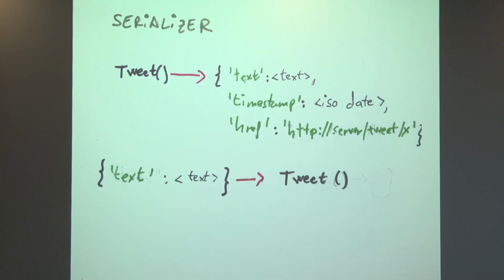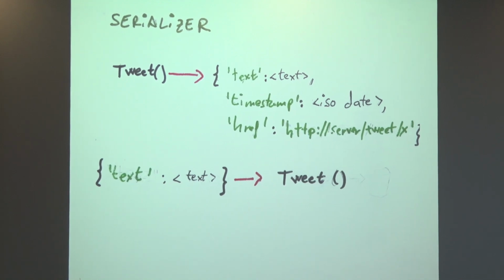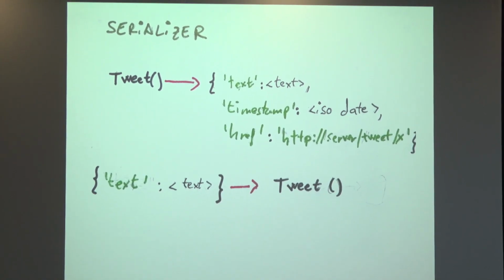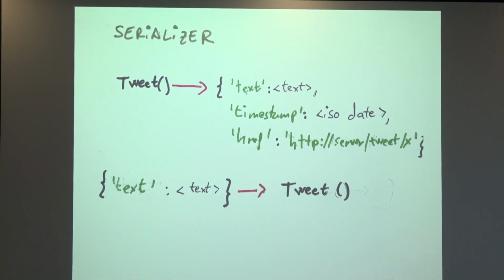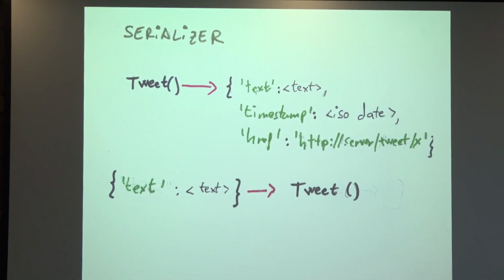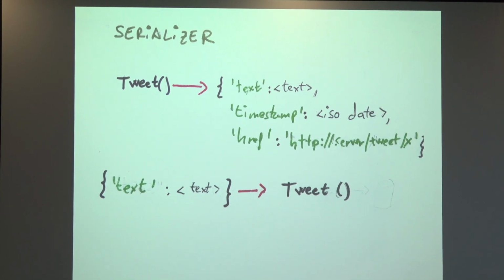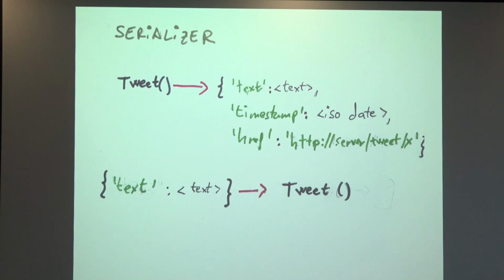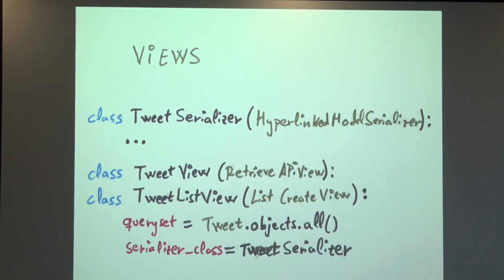When you set a text, it creates the tweet object, which contains the timestamp of the current time and a reference derived from the ID, and the other way around. When you get an object, it transforms it into a JSON object that contains the text, the timestamp, and the reference. With that, we can create our view. And the view is basically just the serializer, which describes that.